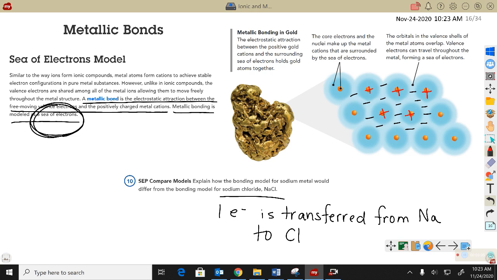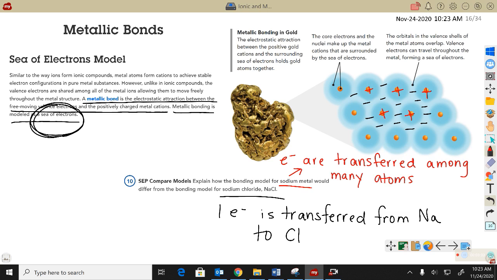So in question 10, explain how the bonding in sodium is a little different than sodium chloride. Maybe we could say that in sodium metal, the electrons are transferred among many atoms.